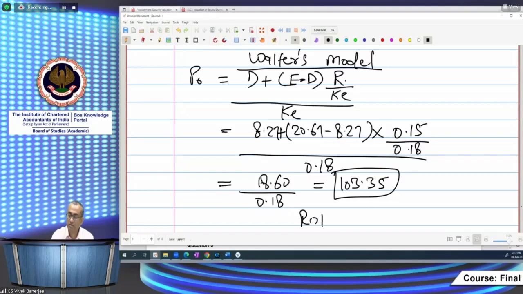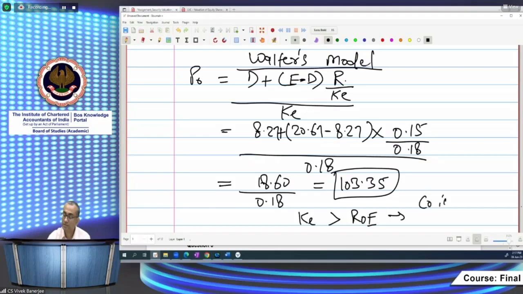Vice versa, we'll take first: the cost of equity capital is more than the rate of return on retained earnings.